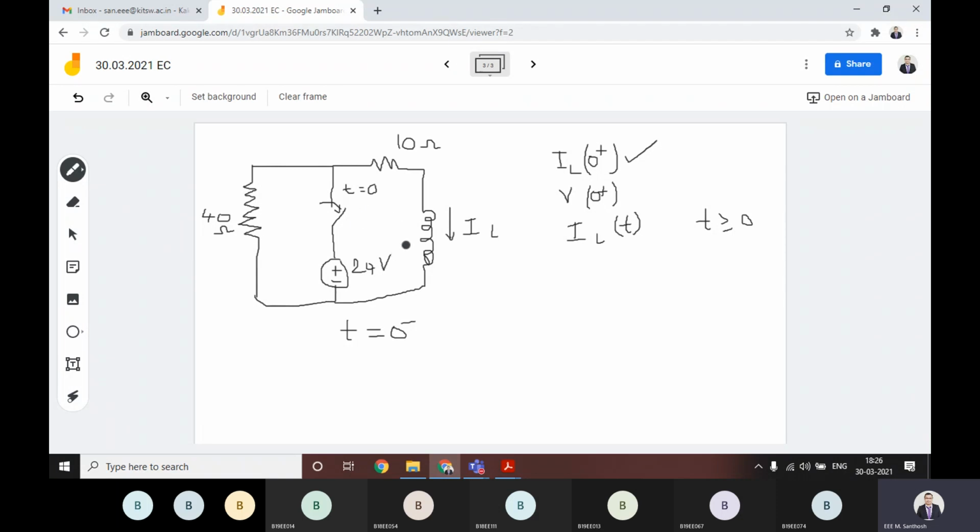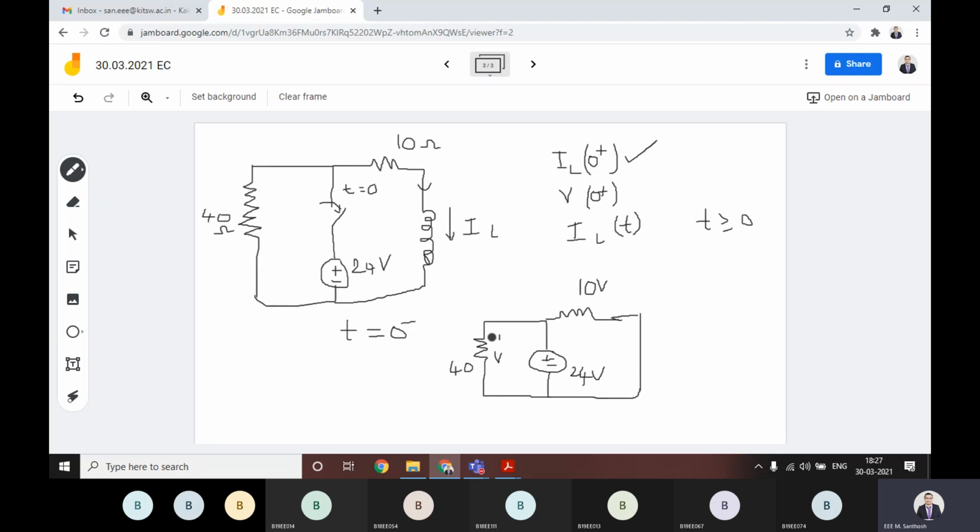Directly you can calculate the value of current, as it is short circuited, you can represent like this also. This is short circuited and you have 10 ohm and you have 24 volts supply and you have this 40 ohm here, right? All of you understood this point?